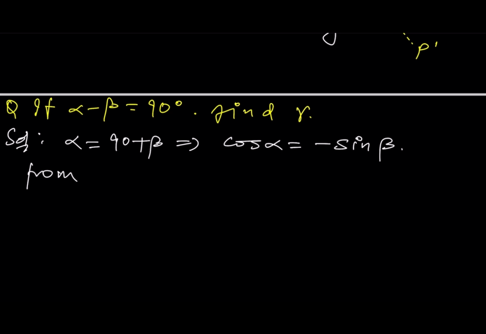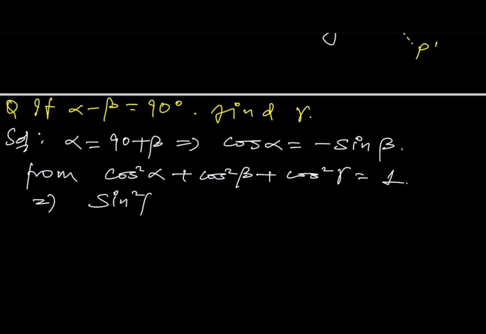So from cos square alpha plus cos square beta plus cos square gamma is equal to 1, I can write sine square beta plus cos square beta plus cos square gamma is equal to 1.